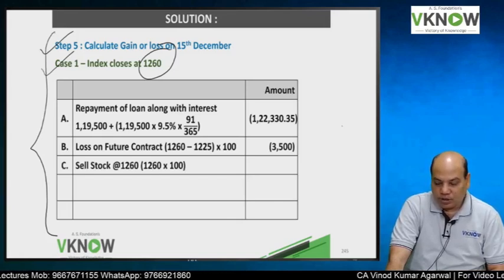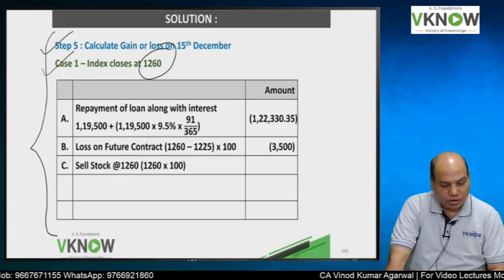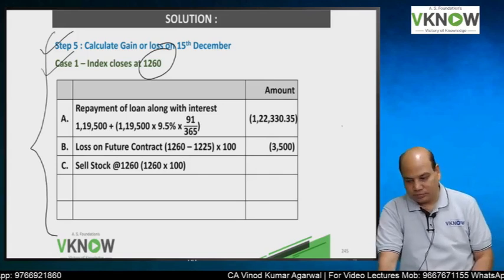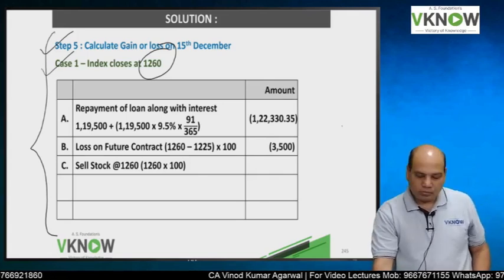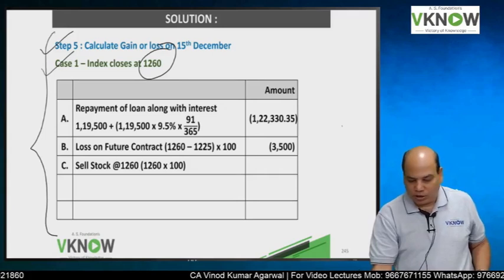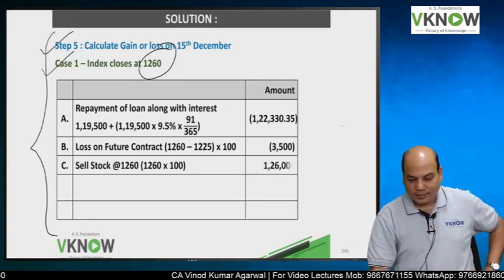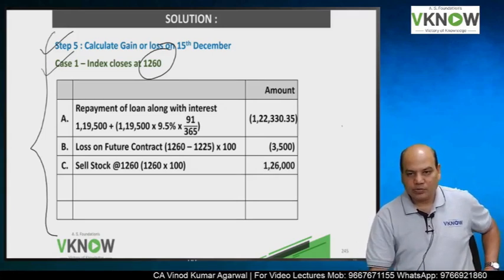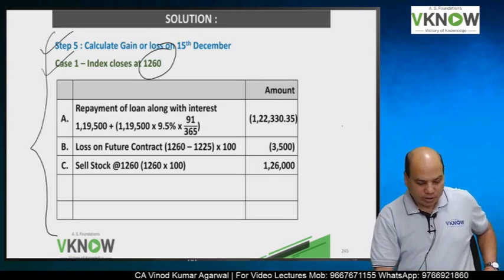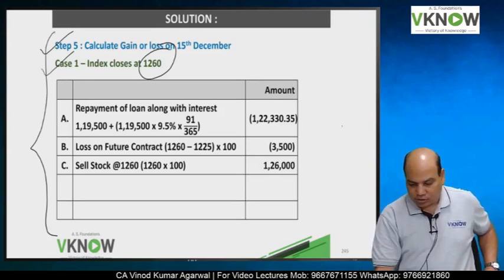And you have purchased 100 stock, so you will sell at 1260 rupees. Point C, sell stock at 1260. Yes, 100, because initially also you multiplied by 100. So that is 1,26,000. It will change proportionately, whatever may be the number. But for calculation purpose, we will take 100.